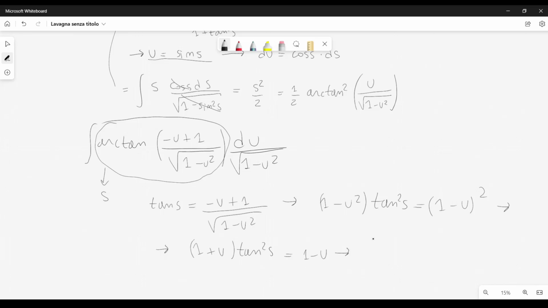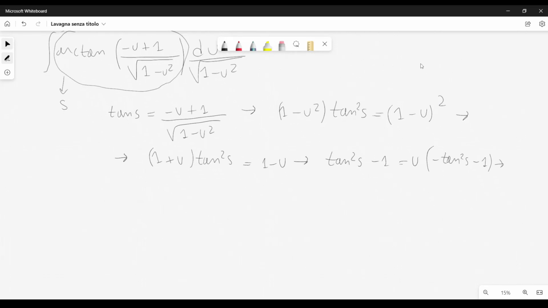And from here, if you solve for u, tangent squared s minus 1 equals u times minus tangent squared s minus 1. Now we divide both sides by this term, so we will find the solution for u.